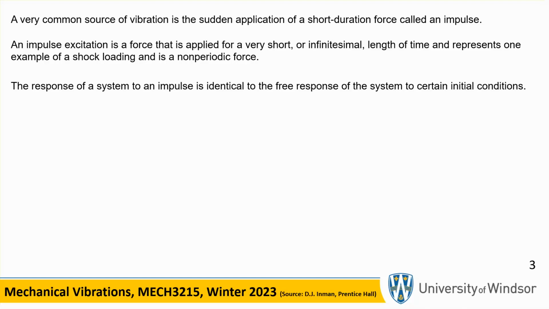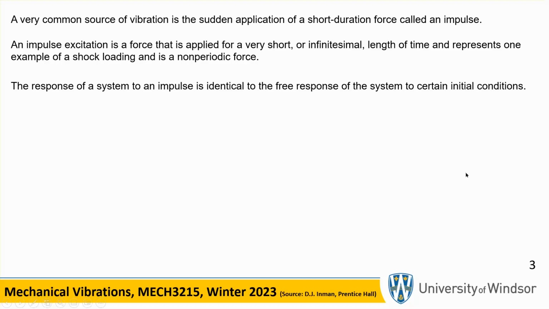Essentially, all it does is that impact, the impact of the hammer with the block, gives this block an initial velocity, and that's exactly what happens with impulse functions. The effect of an impulse function is really changing the initial velocity from 0 to something else, or from some other value if it already has an initial velocity.